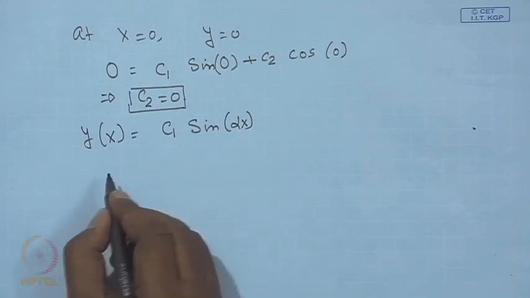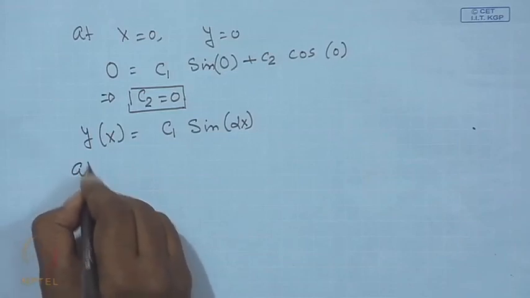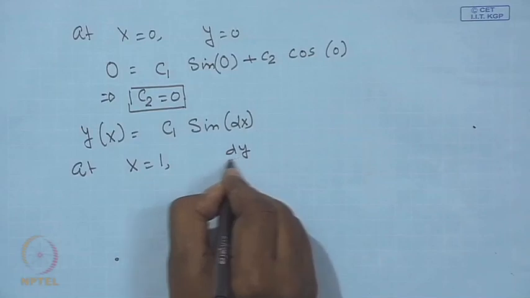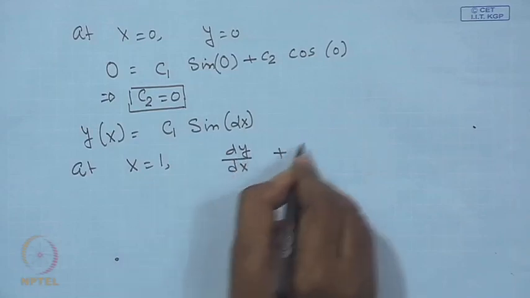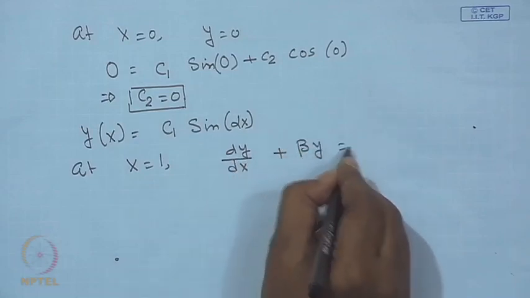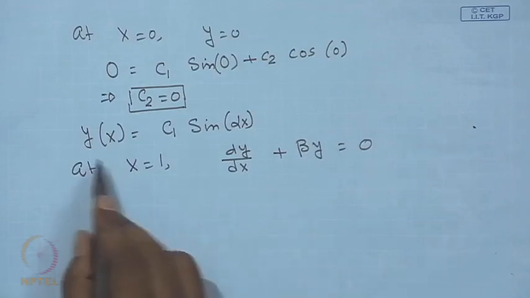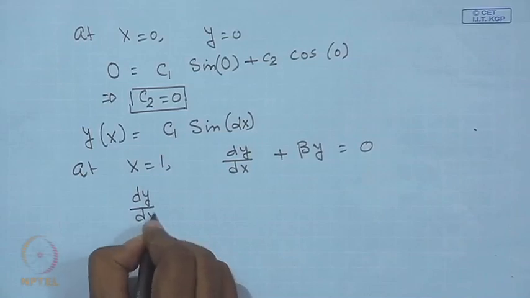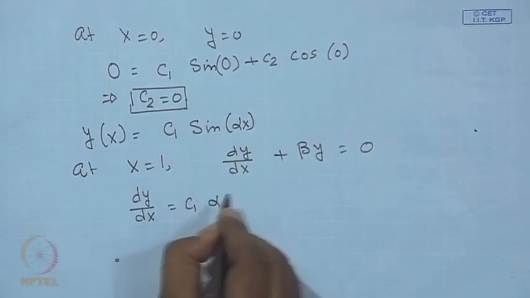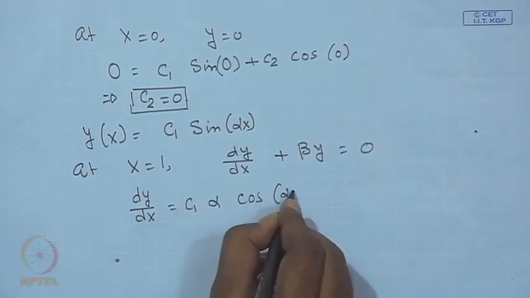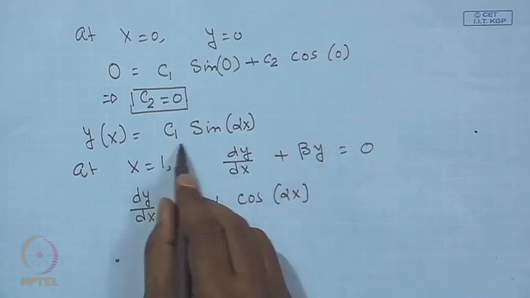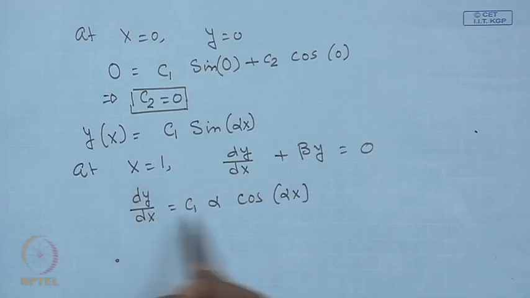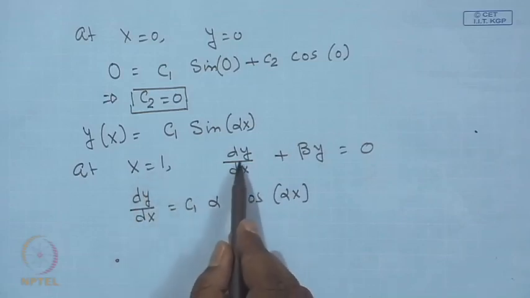If you remember, the other boundary condition at x is equal to 1 is dy dx plus beta y is equal to 0. So we evaluate dy dx from here. dy dx is nothing but C 1 alpha cosine alpha x, and y is C 1 sin alpha x. Now we evaluate these quantities at x is equal to 1 and put them in.